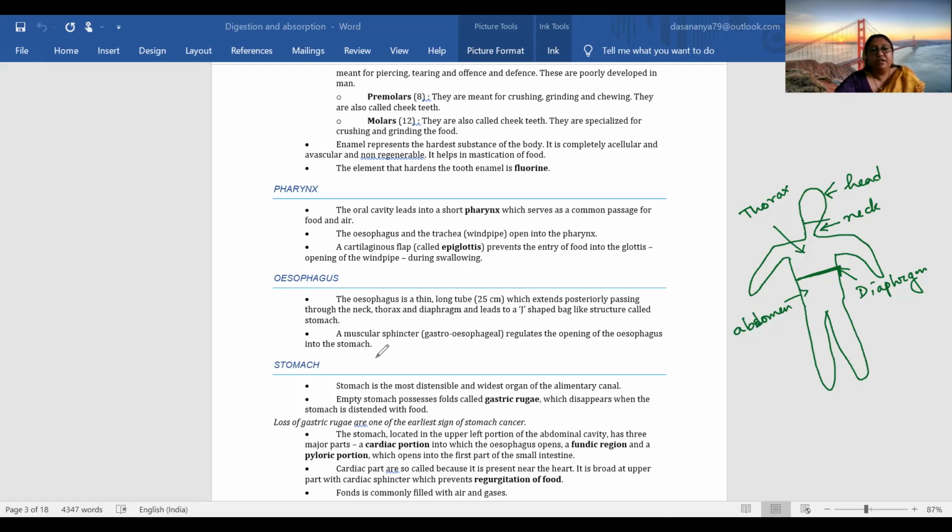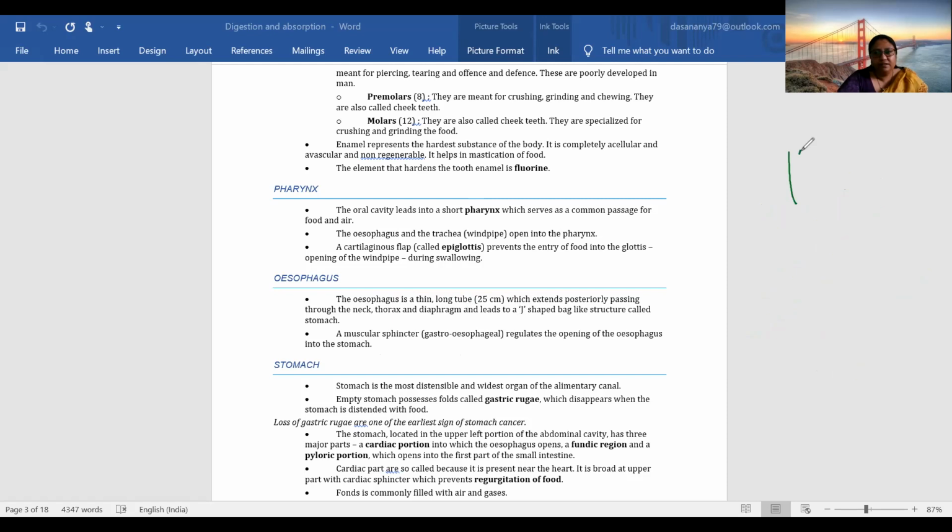There are sphincters. So what are these? The gastroesophageal sphincter regulates the opening of the esophagus into the stomach. That means at the junction where the esophagus is opening into the stomach, you have a circular muscle called a sphincter muscle.